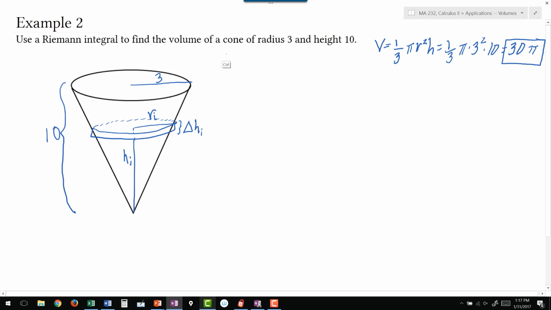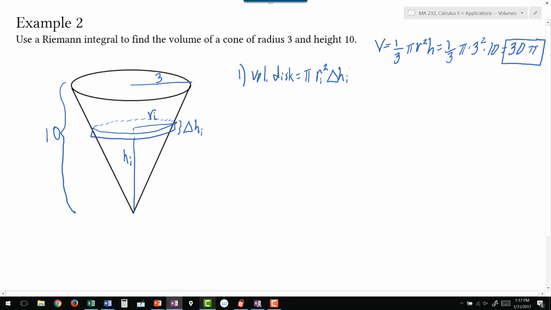So when we go to start setting up the problem, I want to find the volume of a disk or slice, and that's going to be pi times the radius of the slice squared times the thickness of the slice, delta h sub i.